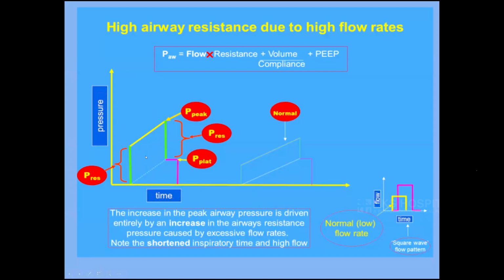The pressure time scalar will look like this when compared to the normal wave pattern, but the important distinction from the previous wave is that there is a shortening of the inspiratory time. So just make a note of that. With a high flow, there is a reduced inspiratory time, and the peak pressure is high and the plateau pressure is normal.